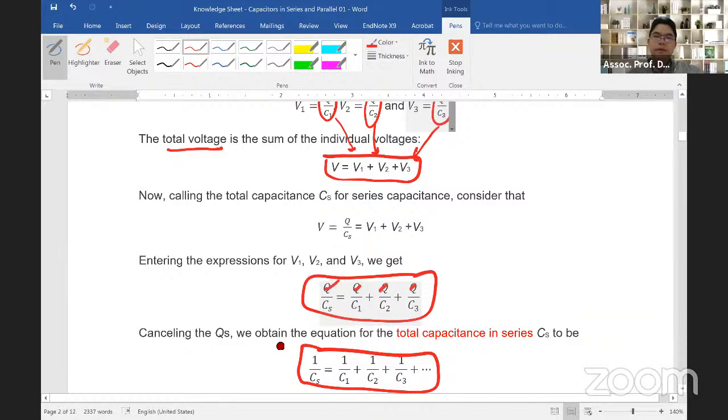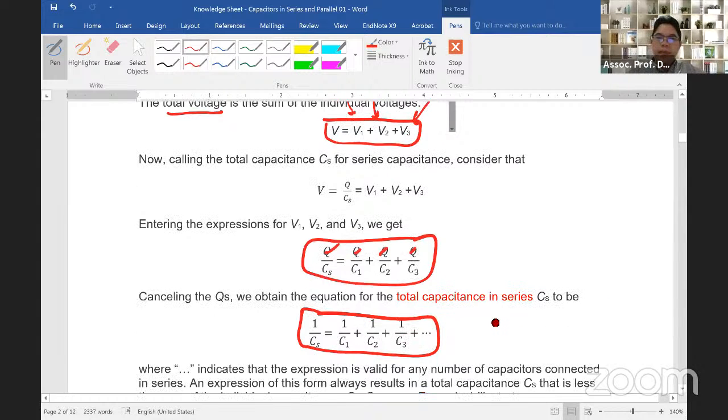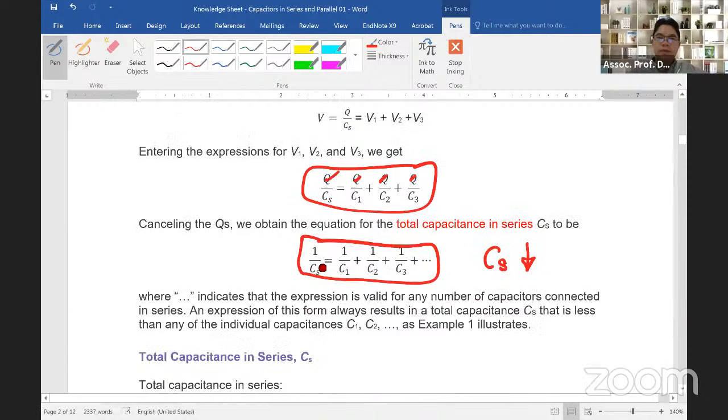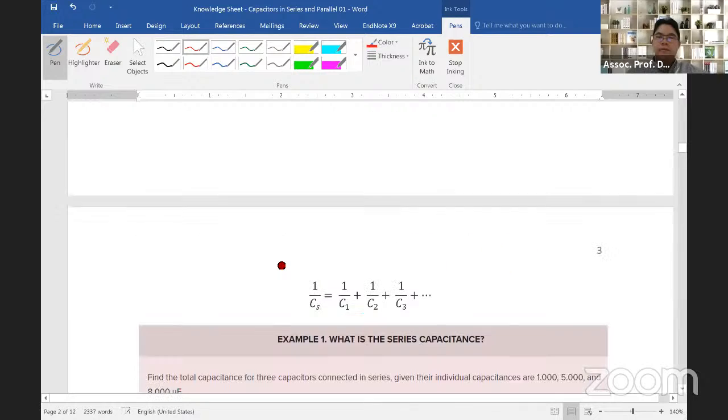When you connect capacitors in series, the total capacitance will decrease. So that is the formula for the total capacitance in series.